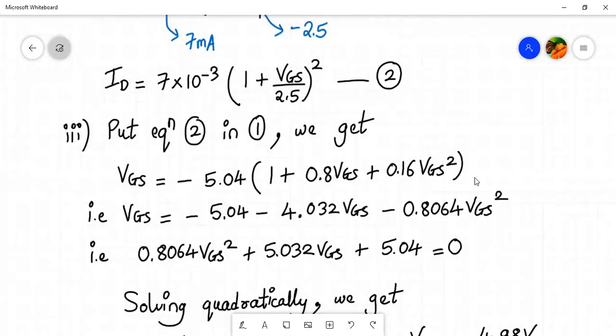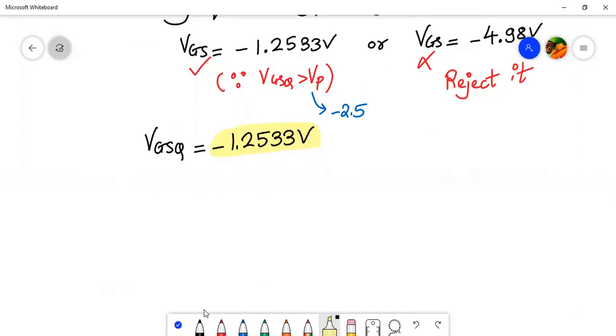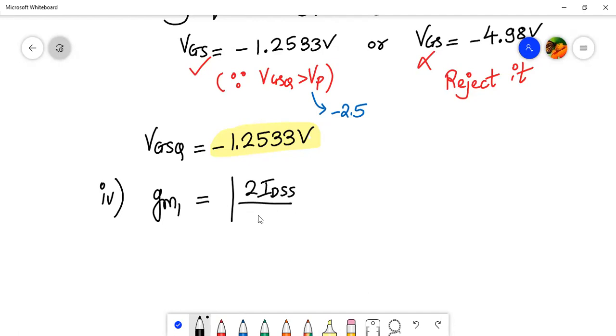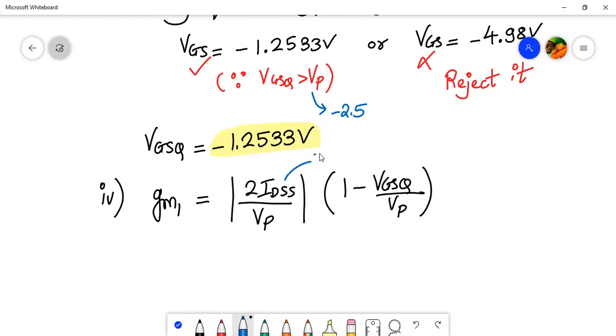So this is point number 4. We'll first calculate GM. What is the GM formula? It is mod of twice IDSS divided by VP into (1 minus VGSQ divided by VP). Over here, all the values are available. IDSS is 7 milliamperes, VP is minus 2.5, it's a mod, so it will become plus.